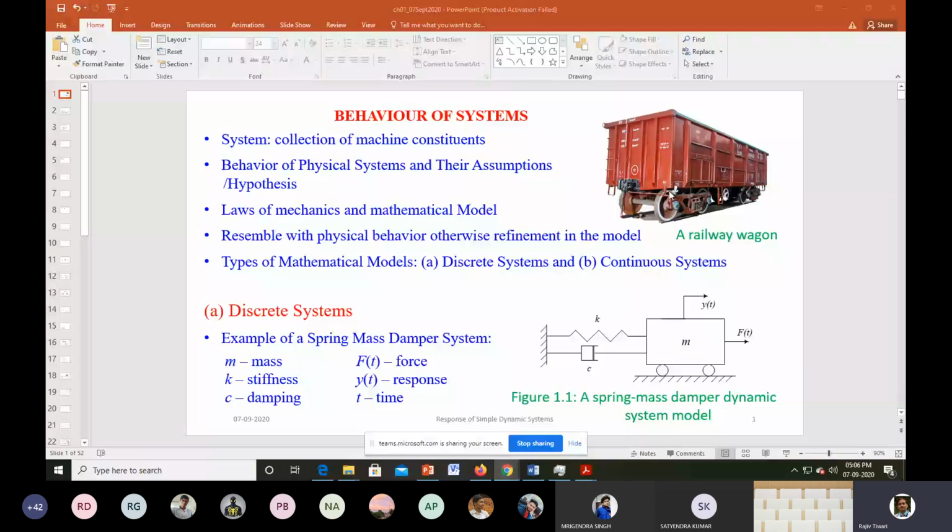As such, the wagon is rigid, but the wagon can have up and down motion, or it can have sideways motion also, when it is turning in a curved track, or this particular wagon itself can have a tilting motion in 3 axes. So you can see that this particular system is quite complex to analyze as such.